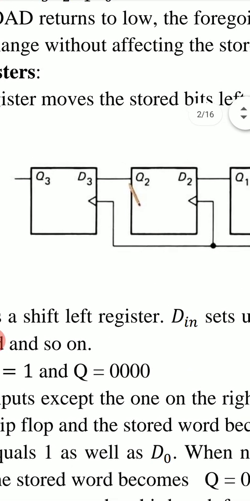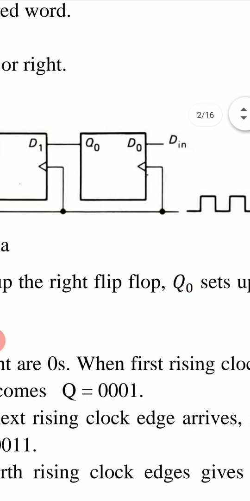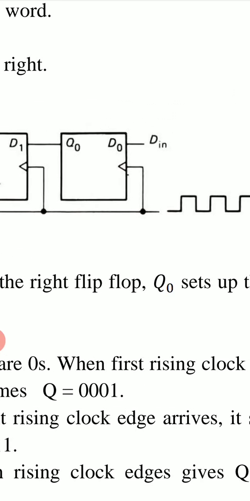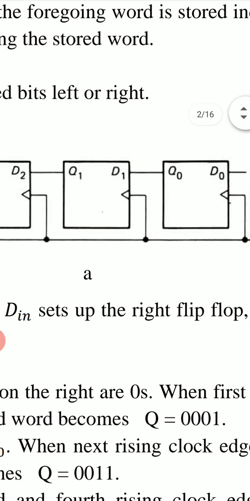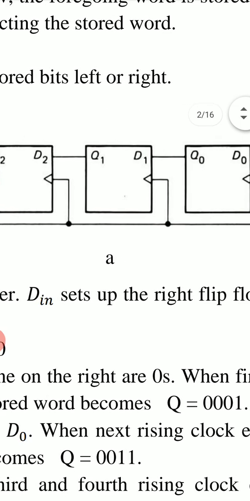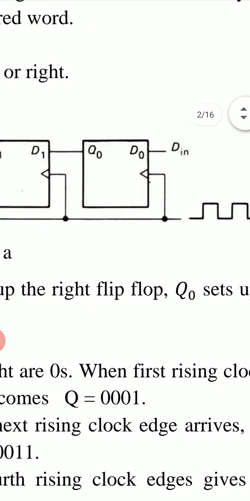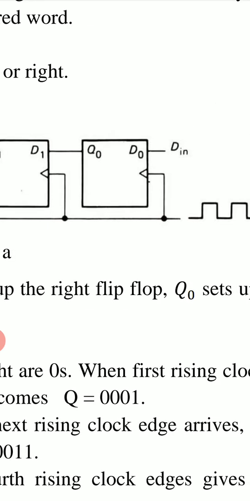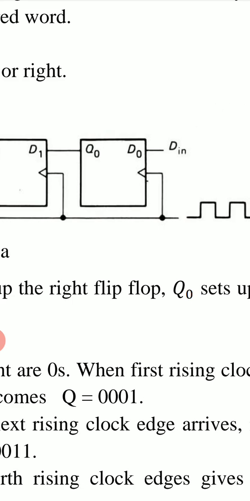Once again we have 4 D flip-flops with positive edge triggering. This is the clock pulse. It goes to all these 4 D flip-flops, and this triangle signal is for positive edge triggering. It will store the bit data input.